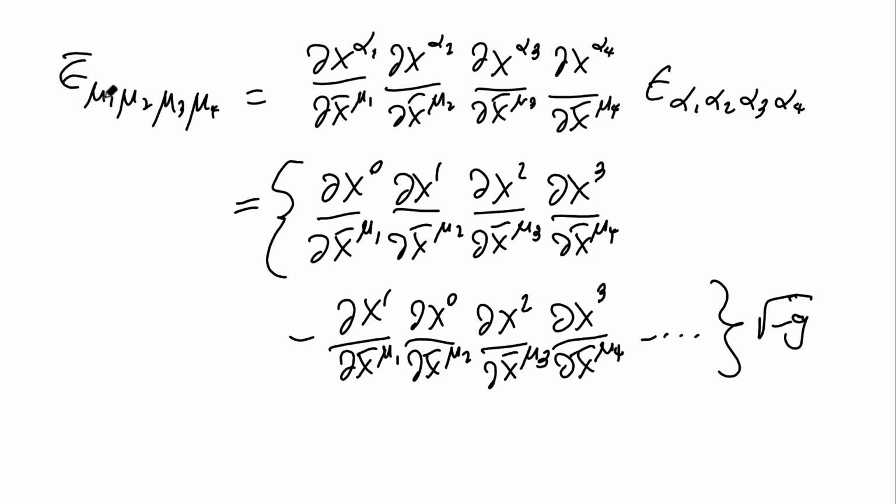And if they are a permutation of 0, 1, 2, and 3, if you remember your linear algebra well enough, you'll recognize what's in the curly brackets is just the determinant of the partial of x with respect to x bar.